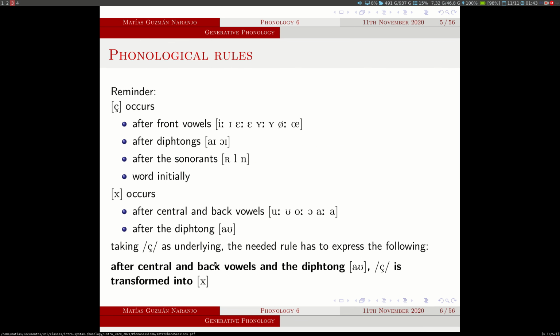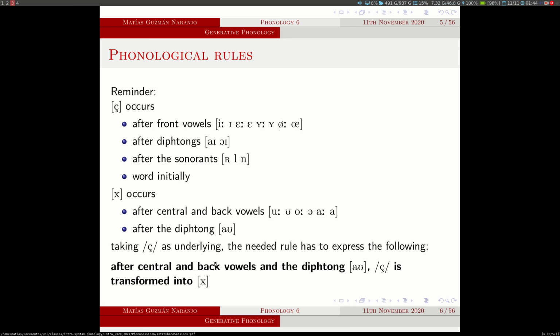So, what's the context for German? Well, the sh-like form occurs after front vowels, after diphthongs, after some consonants, l and n, and word initially. The h-like form occurs after central and back vowels, and after some diphthongs.